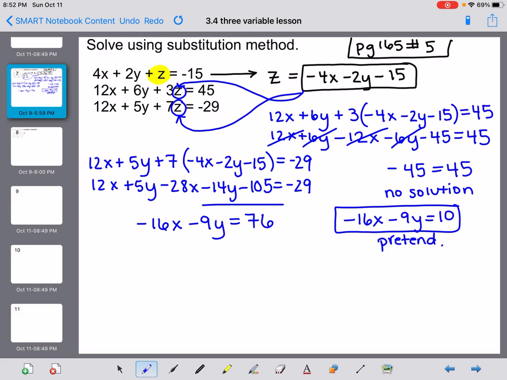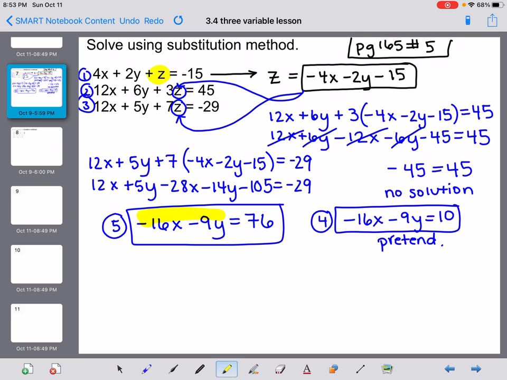Right? So now, if we call these equations 1, 2, and 3, we've now got this equation 4 and this equation 5. If you look at these two equations, notice that the left-hand side is identical on both of them. The only difference is this constant on the other side.